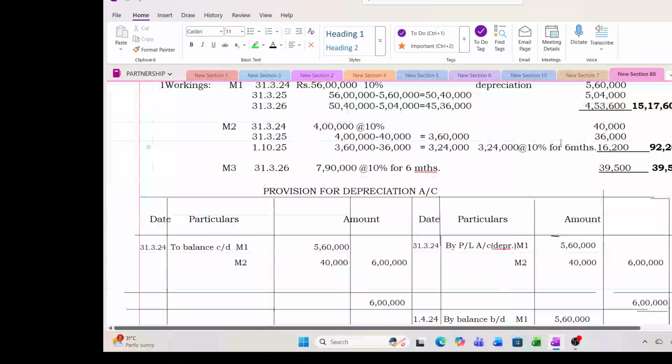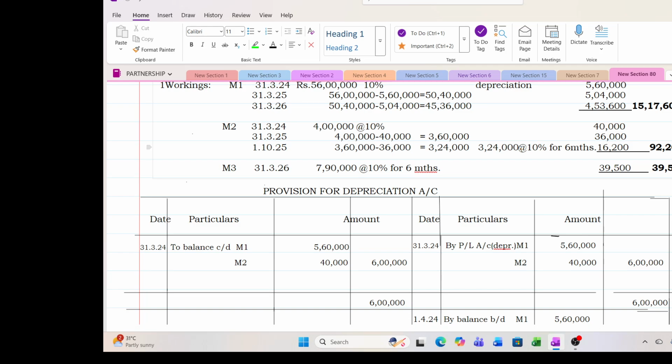Okay, so we are going to remove this M2. M2's book value is 3,24,000 written down value. So we have to calculate 10% for 6 months, from 1/4/25 to 1/10/25: April, May, June, July, August, September. Till 30th September, it is 6 months.